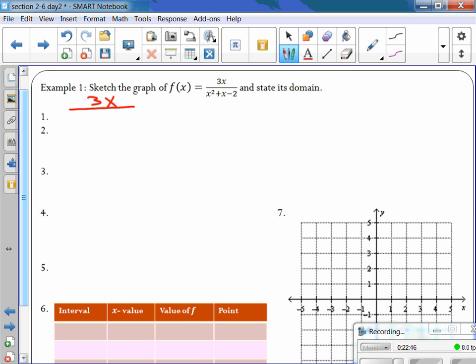Absolutely. As Michael said, there's definitely nothing here to factor out. So from there, what do we get domain-wise? All real. Absolutely. Since we set that denominator equal to 0, we know that we cannot have -2 and 1.